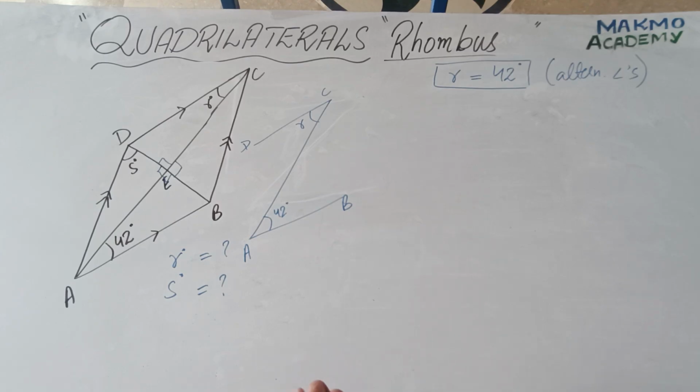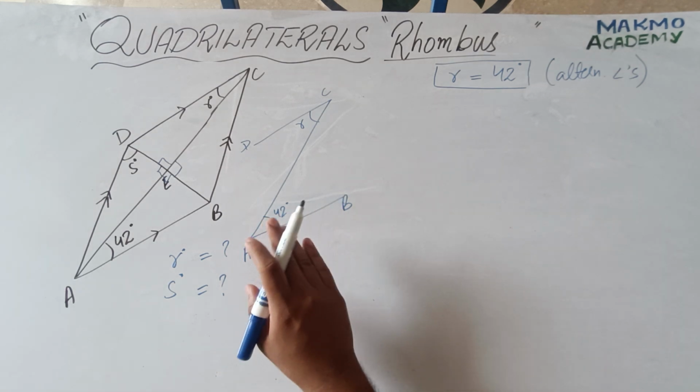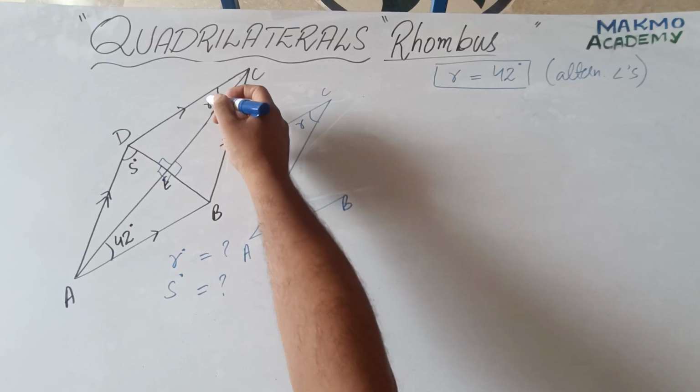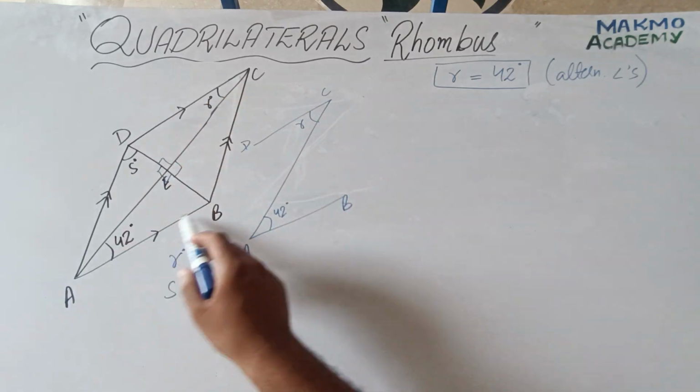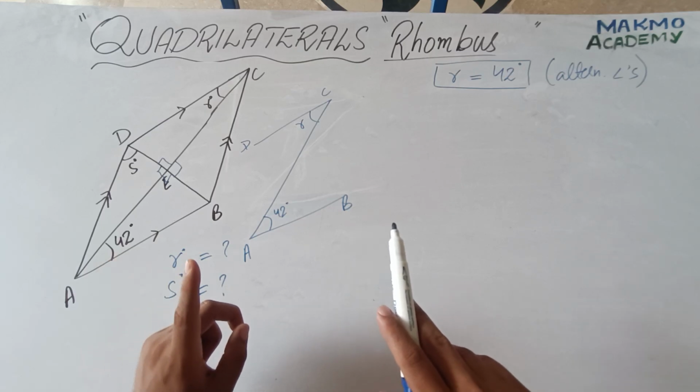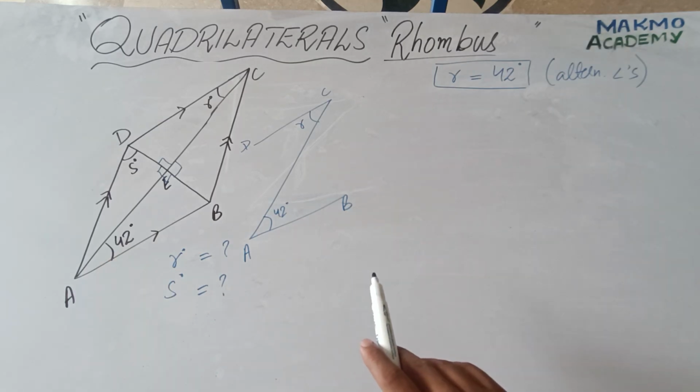We need to find out the properties which we have already learned. I will upload all these links in the description for your reference. So in a few seconds we have just observed that these two angles are equal by the property of alternate angle, parallel line and transversal. I have uploaded that video already in the playlist.